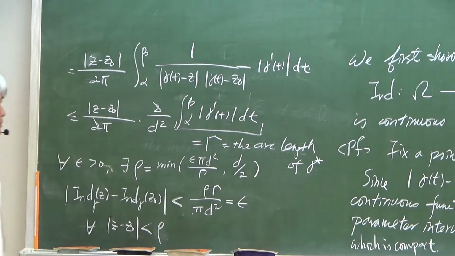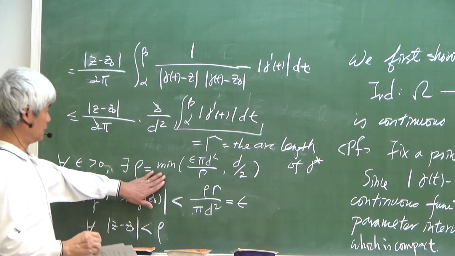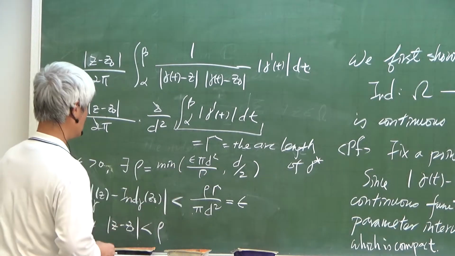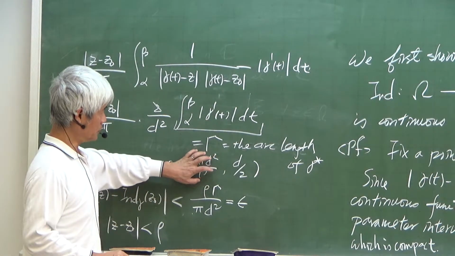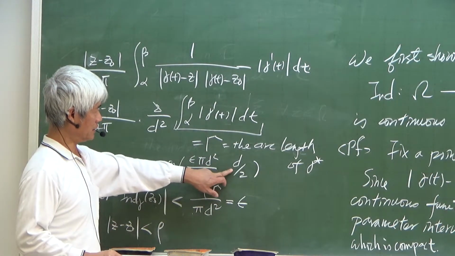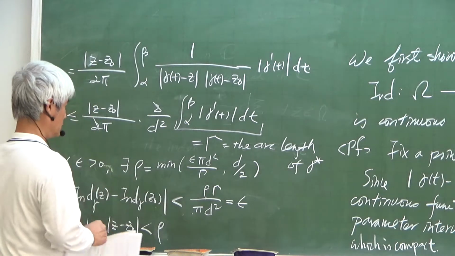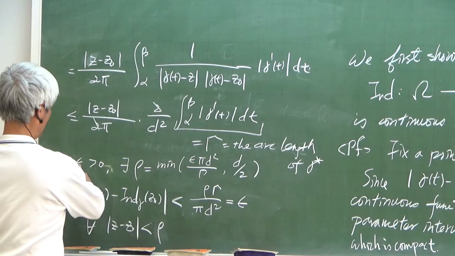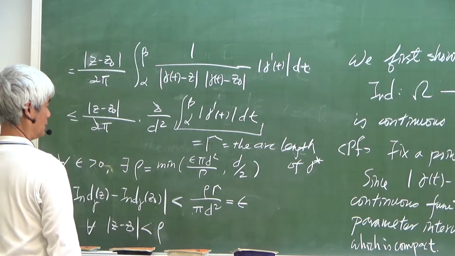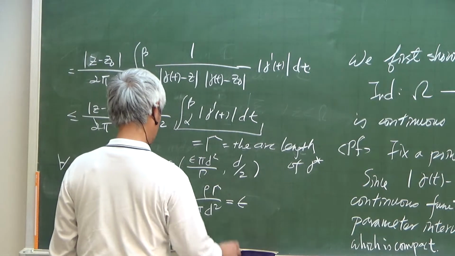Okay, rho should be the minimum of these two numbers. So of course, if epsilon is very small, then this number will be less than d over 2. But this is just in case that epsilon is taken to be a big number.